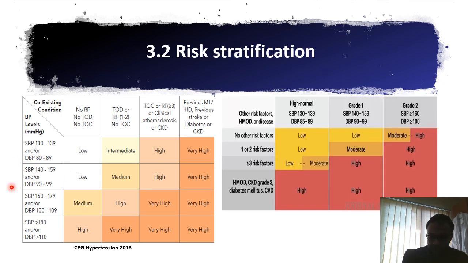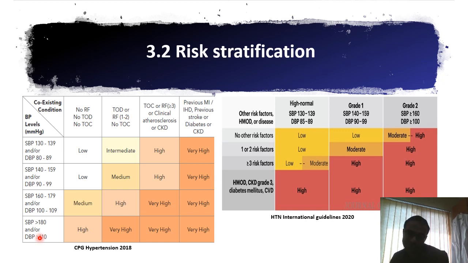On the other hand, the international guidelines have included the high normal, grade 1 and grade 2, and they didn't mention in the risk stratification the last category of severe hypertension, because it has some specific recommendations for its management.